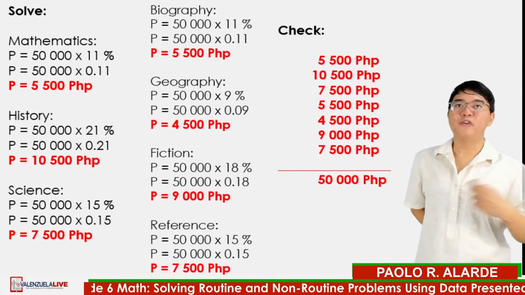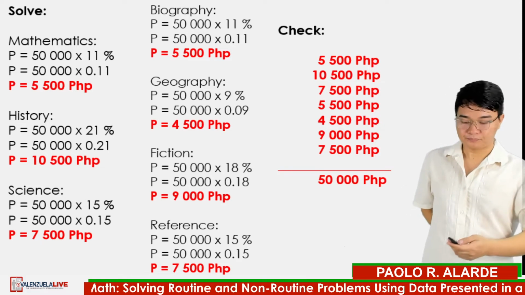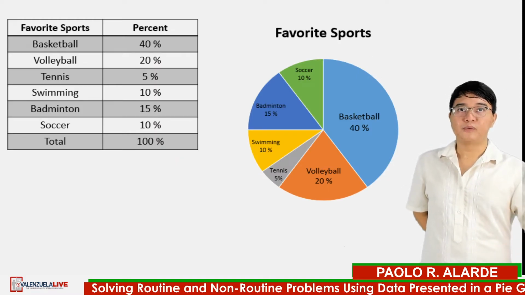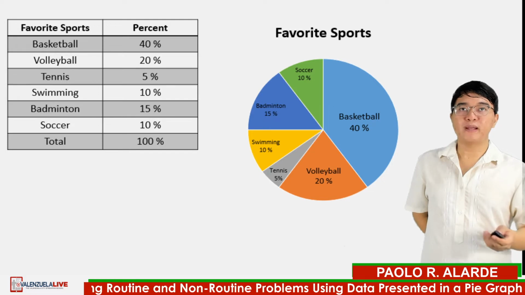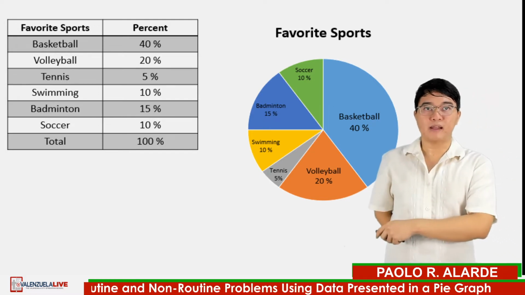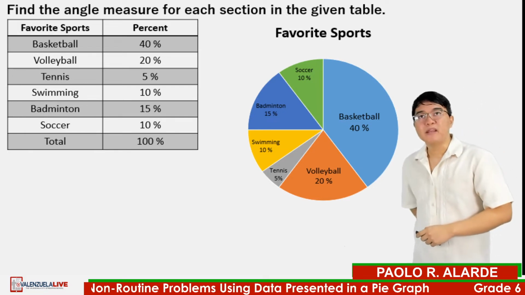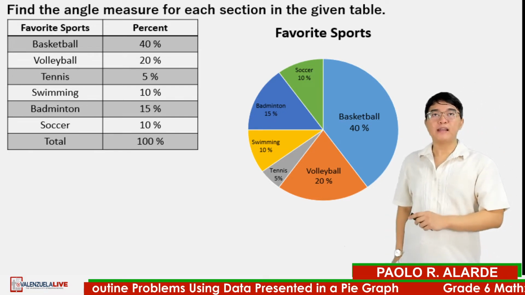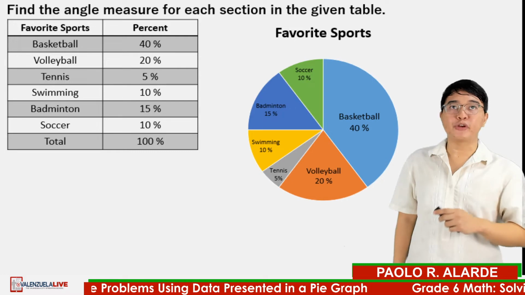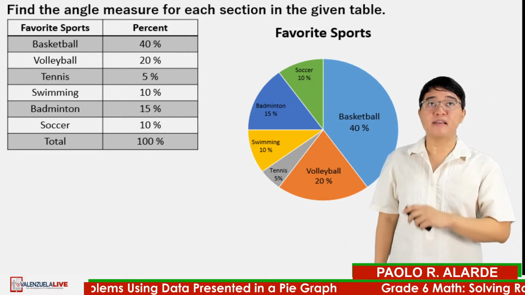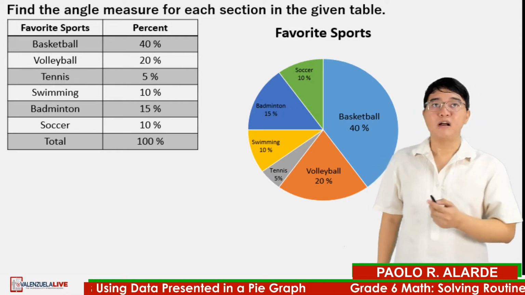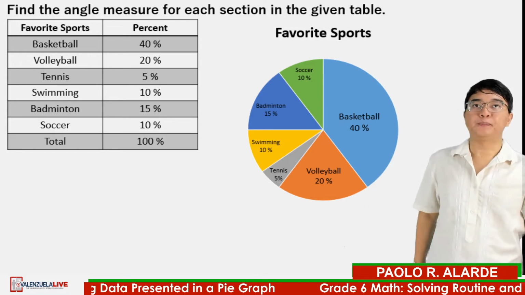Okay, let's now move on to the second problem. So, as you can see, there is already a presented tabular data and a pie graph. So, the problem here is to find the angle measure for each section in the given table and with the given graph.